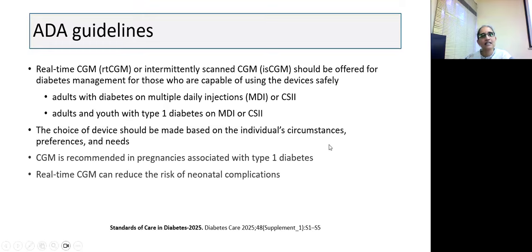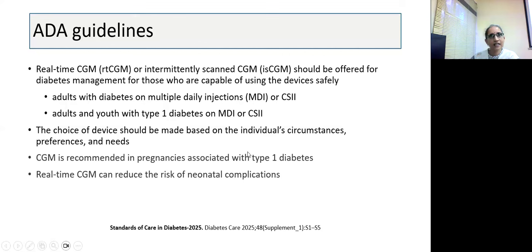So the current guidelines recommend that CGM devices should be offered for diabetes management for all patients who are capable of using the devices safely, especially adults on multiple daily injections, type 2 diabetes or type 1 diabetes on multiple daily injections or continuous subcutaneous insulin infusions.